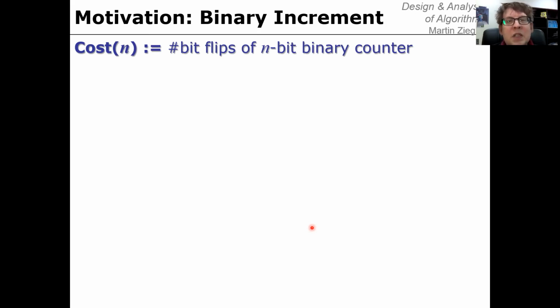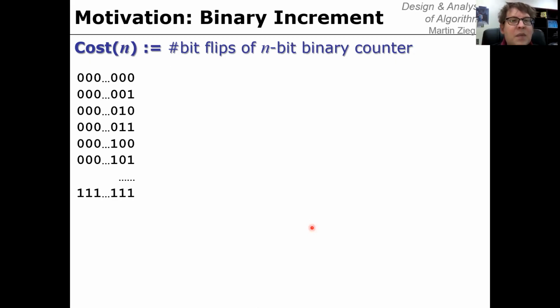And here we count how many bits are flipped when we increment an n-bit binary counter. And in the worst case, of course, all bits can flip, right? Or almost all. When there's a wraparound, then all can flip, and otherwise almost all except for one bit can flip. But that's a worst case analysis.